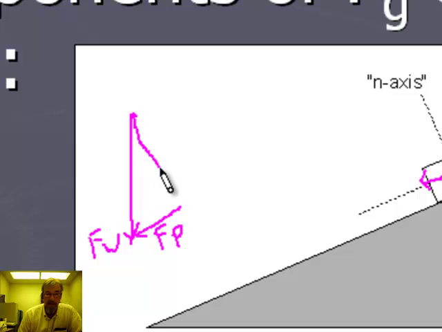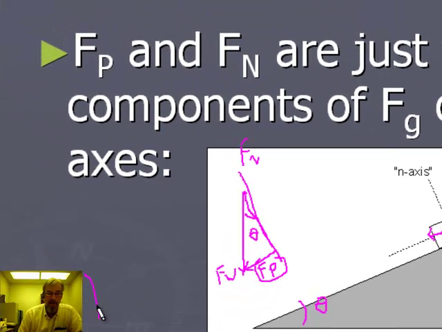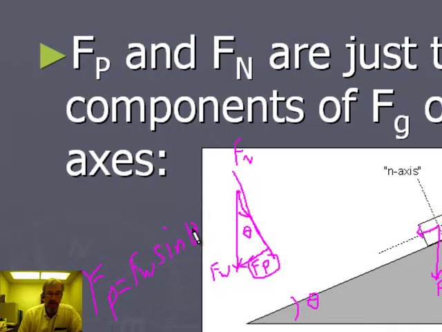Now, here's my N axis right there, Fn, and that angle in there is theta, which, remember, is the same as the angle of the ramp. Well, now Fp is opposite theta, so that means my force parallel is going to be equal to my weight times the sine of theta.